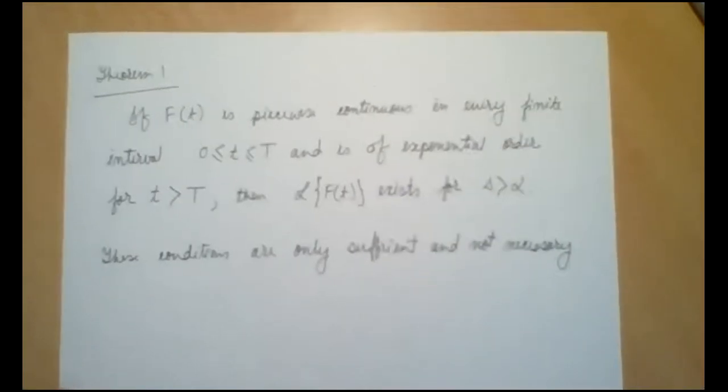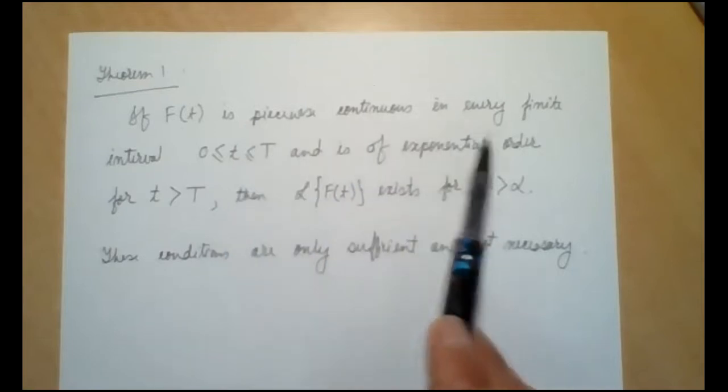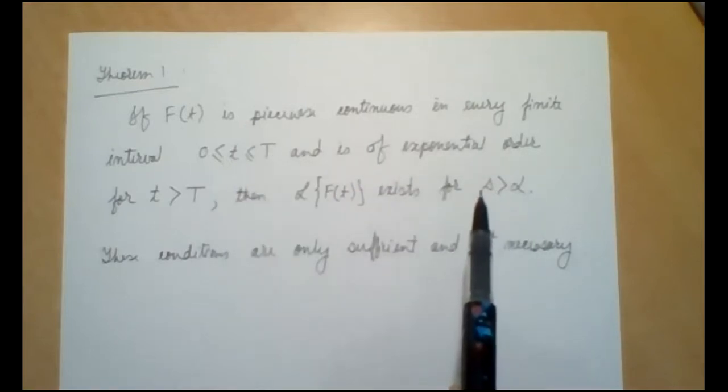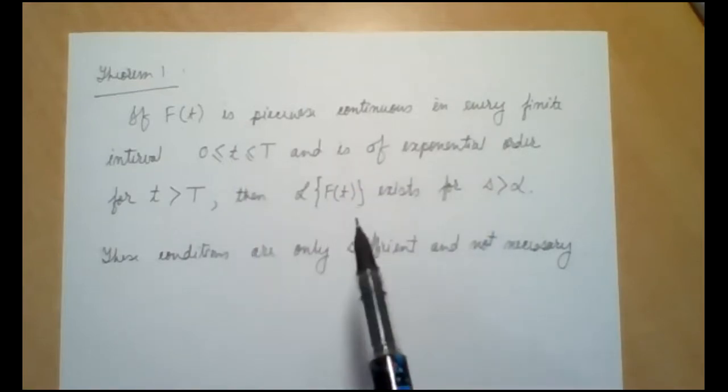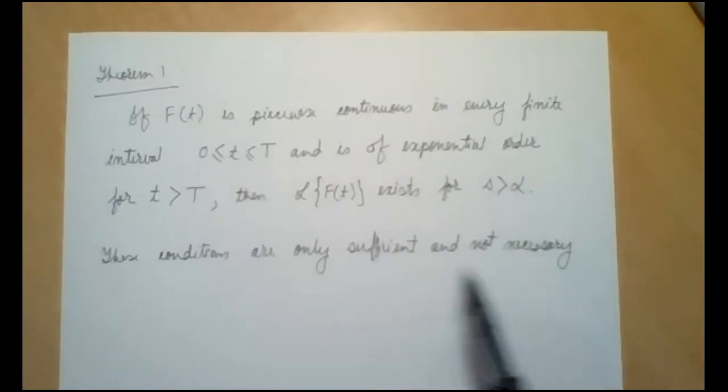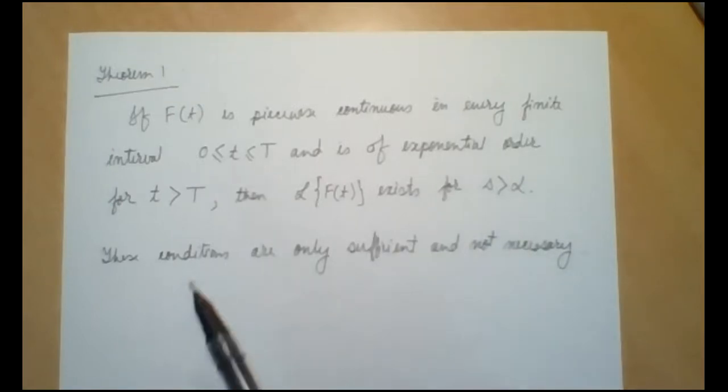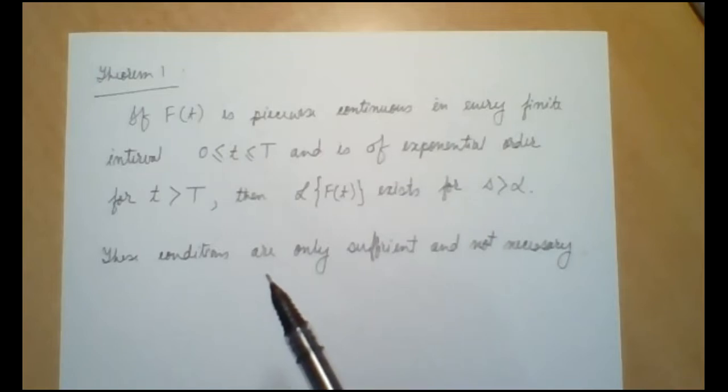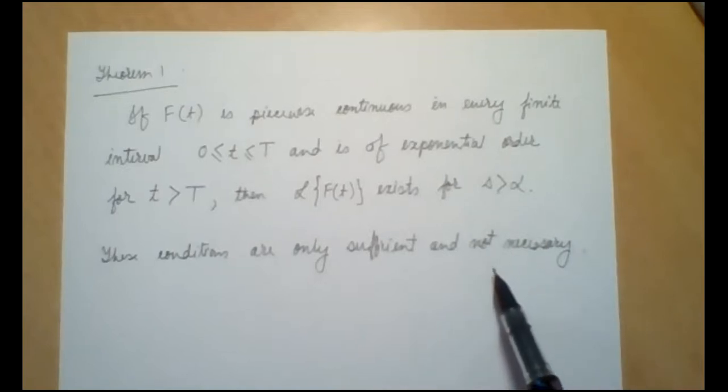It means that if a function satisfies these two conditions, then the Laplace transform of the function will exist. So this is a sufficient condition. But these conditions are not really necessary.